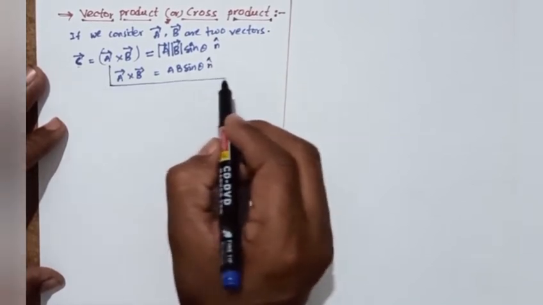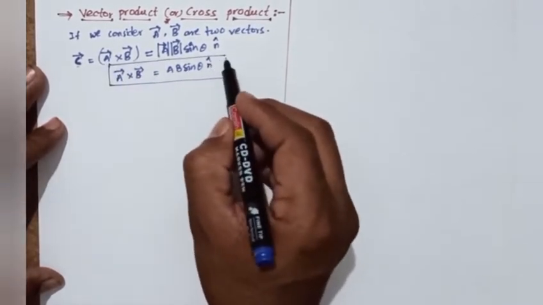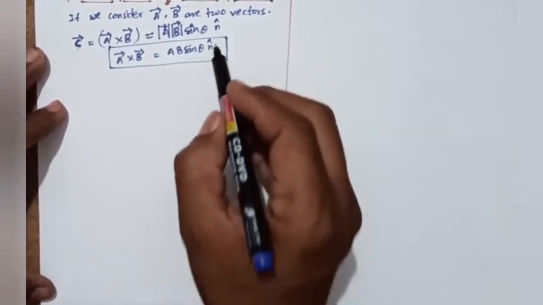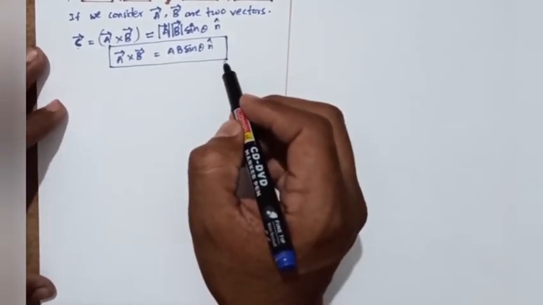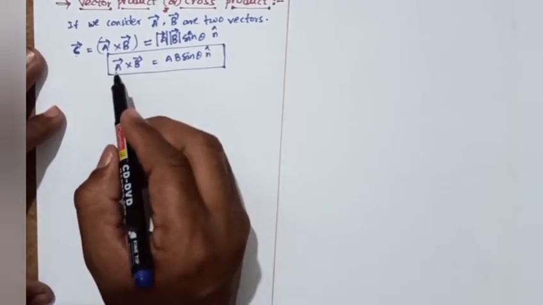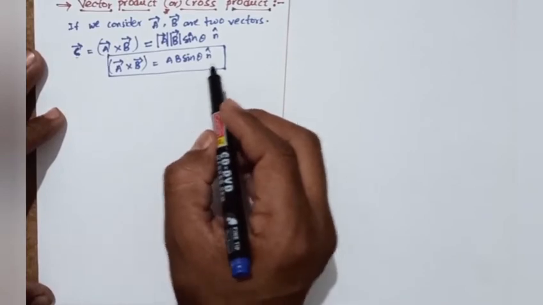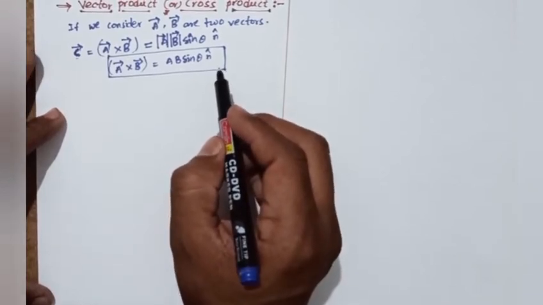From this equation, n cap is a unit vector, and the unit vector has magnitude 1. So a bar cross b bar equals ab sin theta n cap.